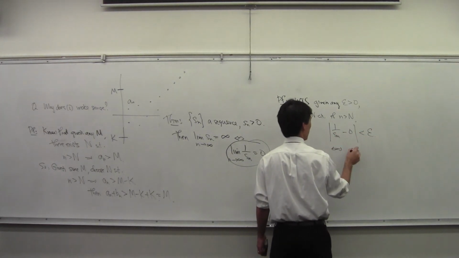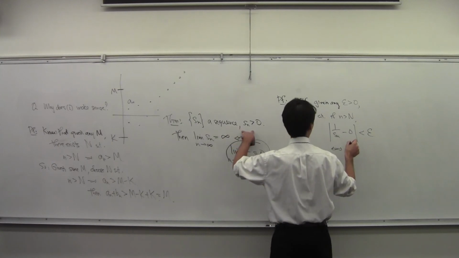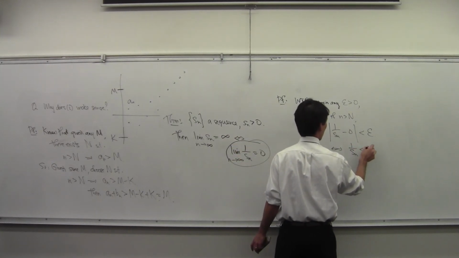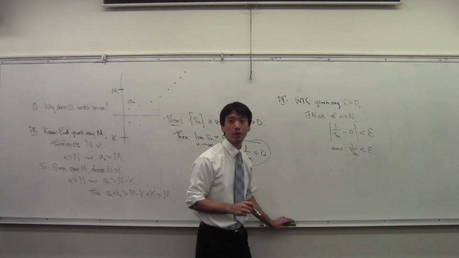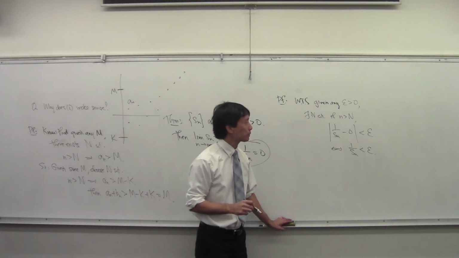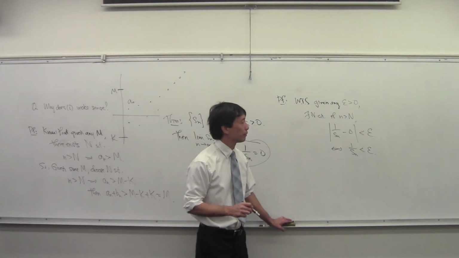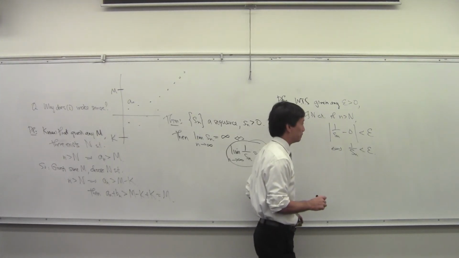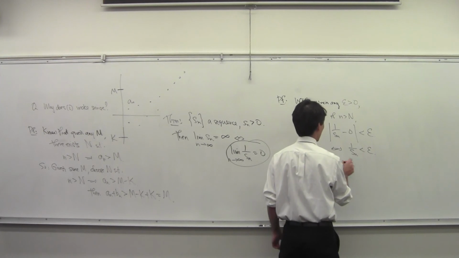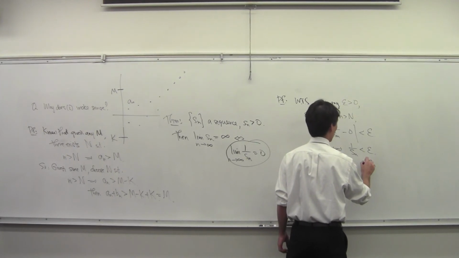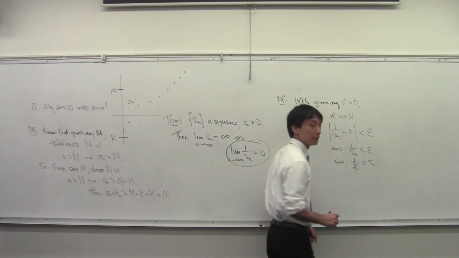Because these are positive, that's the same thing as saying that s of n should exceed 1 over epsilon.